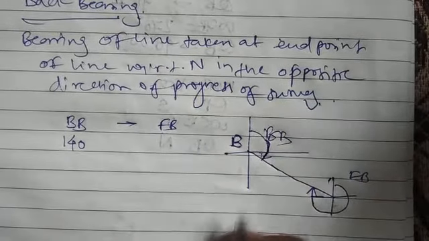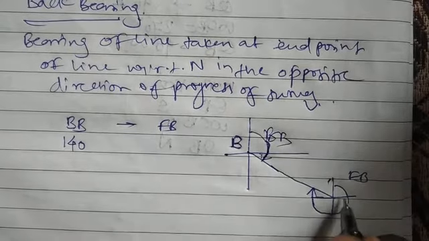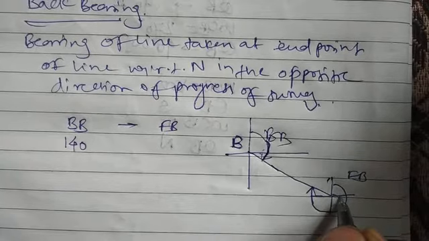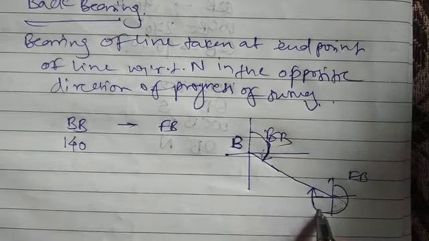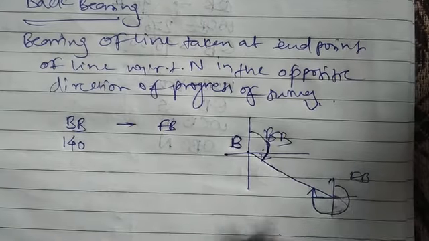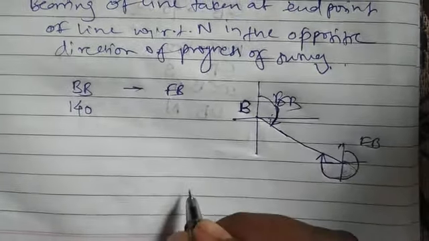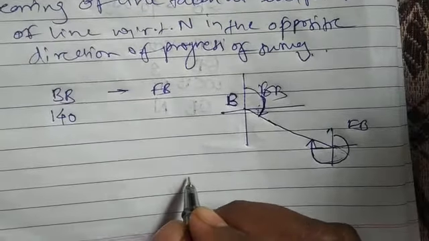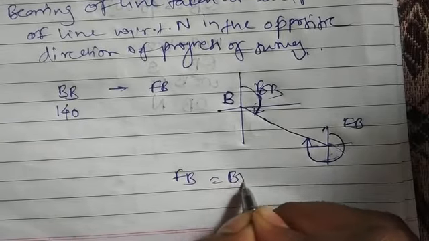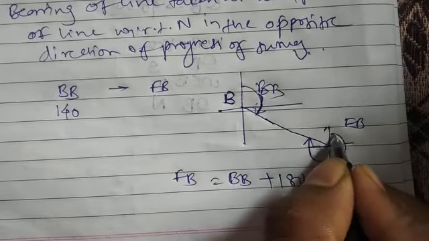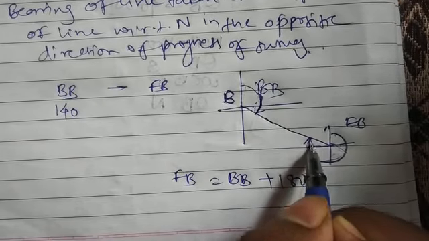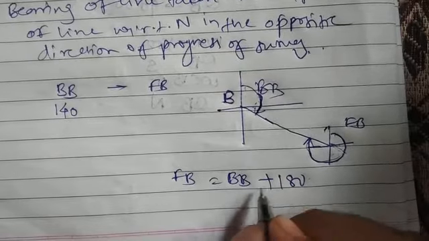Now if we extend this part of the line, this angle and this angle are the same, so it has some extra angular distance. So we can write the formula from this figure: forebearing equal to back bearing plus 180. This angle is equal to back bearing plus this angle on the other side, that is 180 degree.